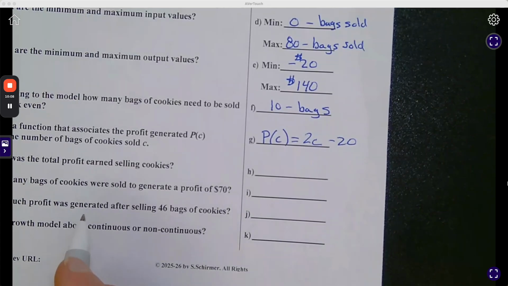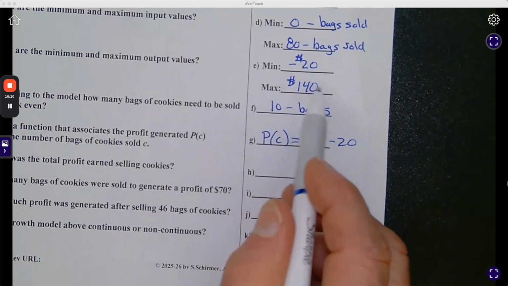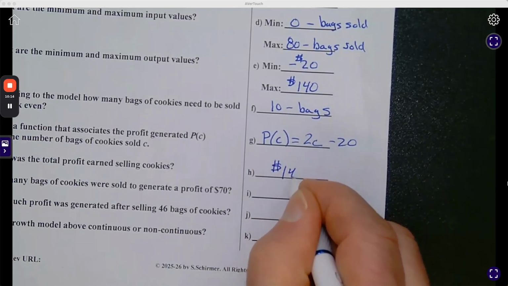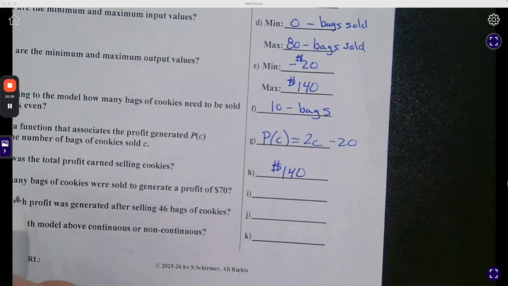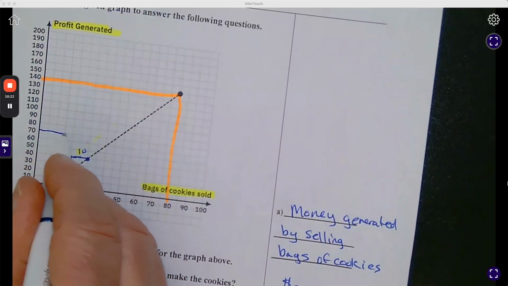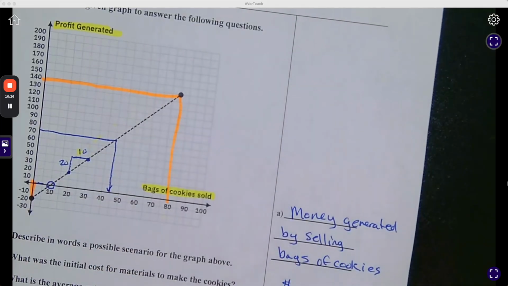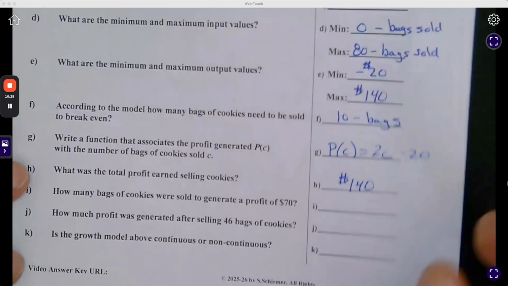What was the total profit earned? Well, that was the maximum, right? That was the maximum. So we made $140. How many bags of cookies were sold to generate a profit of $70? Well, here's $70 right here. We had to sell, looks like 45 bags.